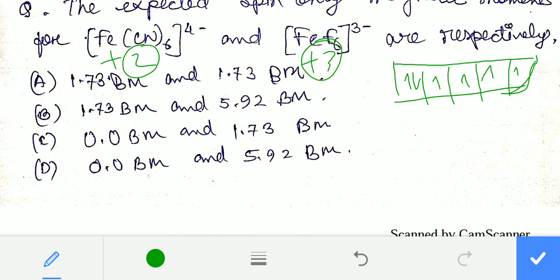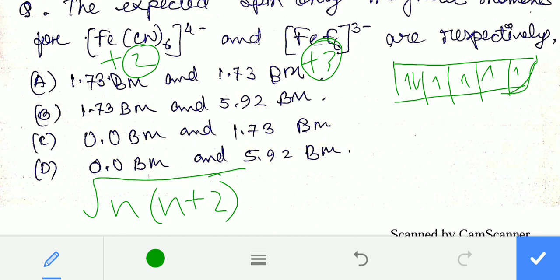Now the formula. For spin only magnetic moment, we know the formula is the square root of n into n plus 2, where n is the number of single electrons, that is, those which are not paired, present in each orbital.